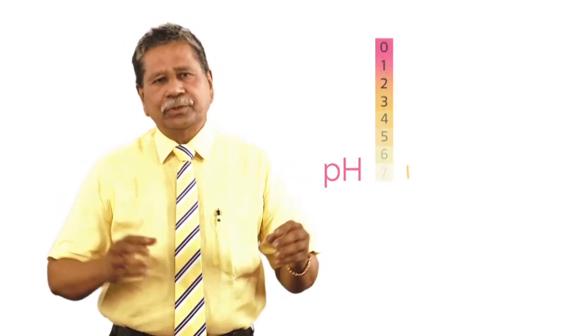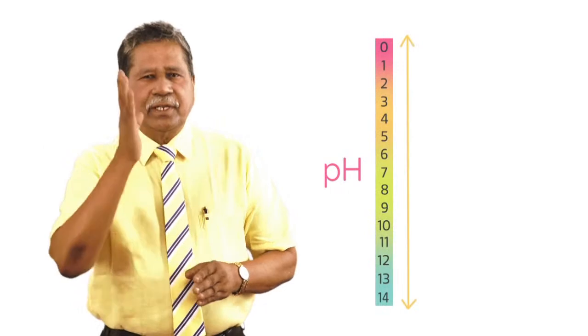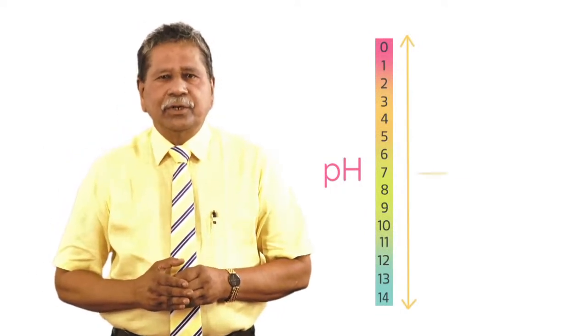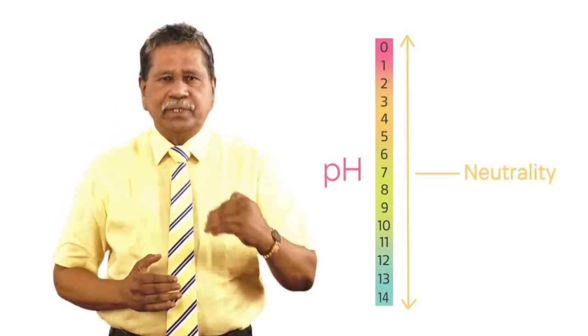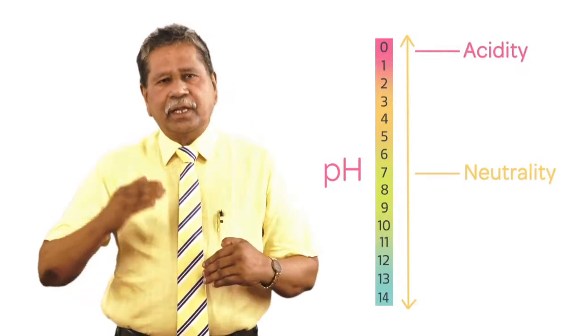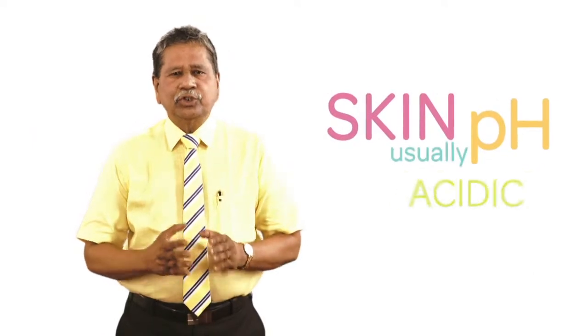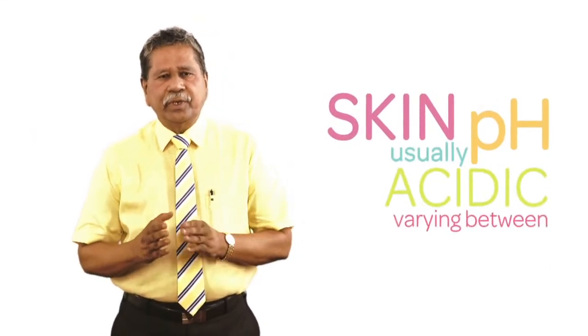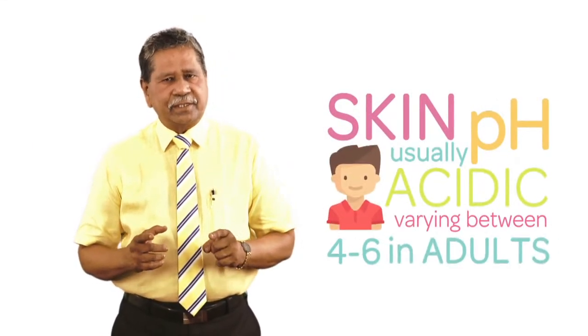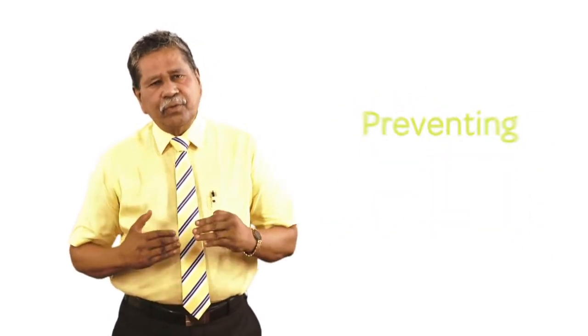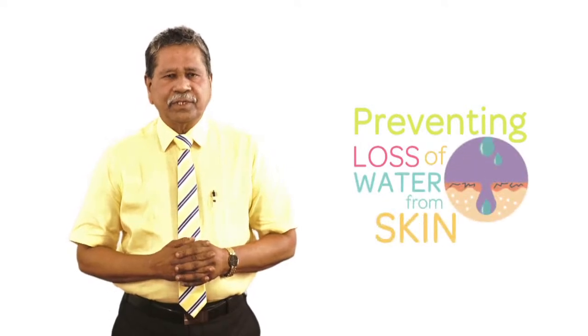Now the skin pH could vary from 0 to 14, and right in the center, 7 denotes neutrality, whereas below 7 denotes acidity and above 7 denotes alkalinity. Skin pH is usually acidic, varying between a range of 4 to 6 in adults, which acts as a good barrier for the skin, preventing the loss of water from the skin.